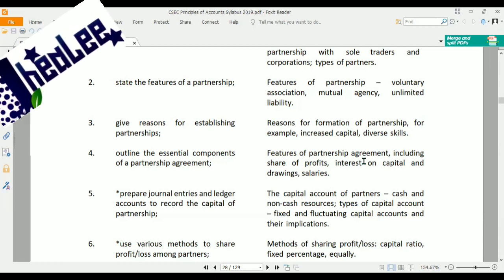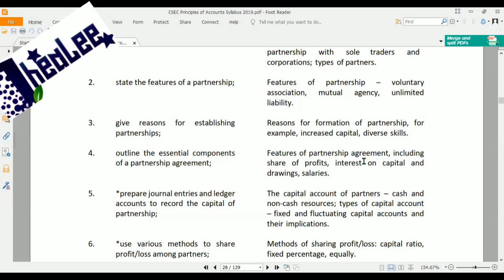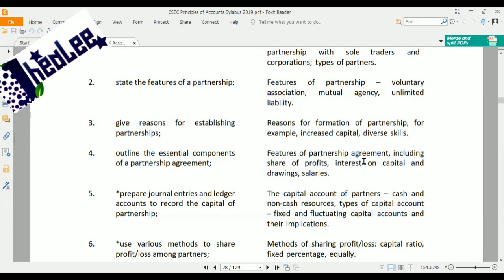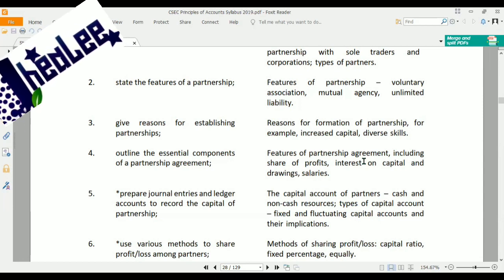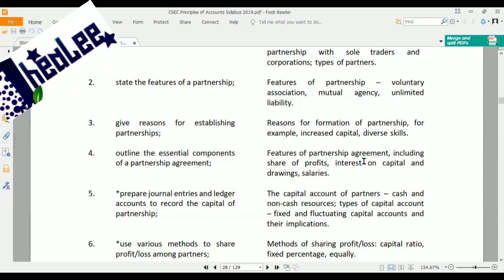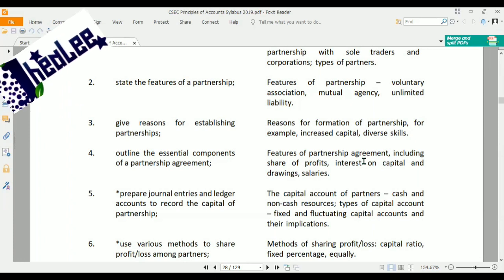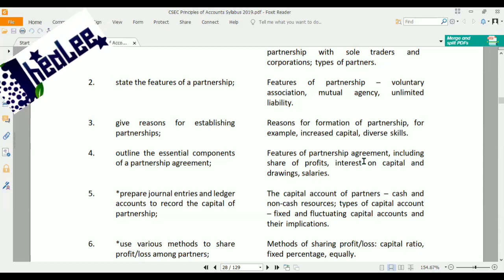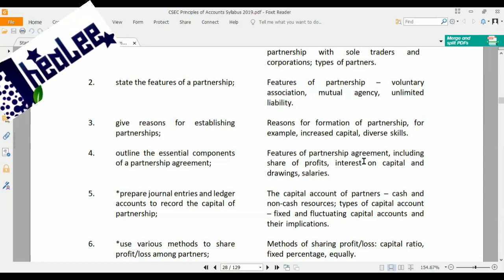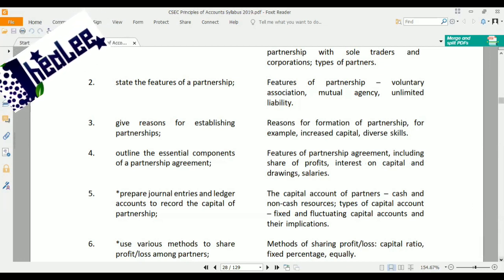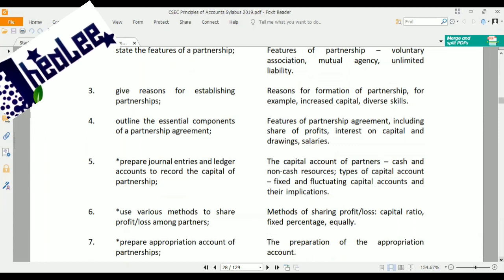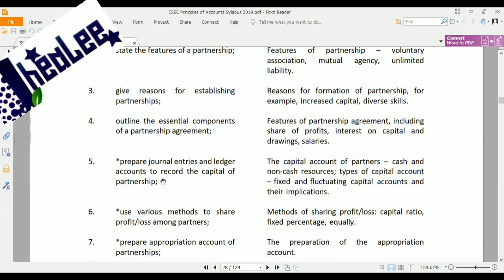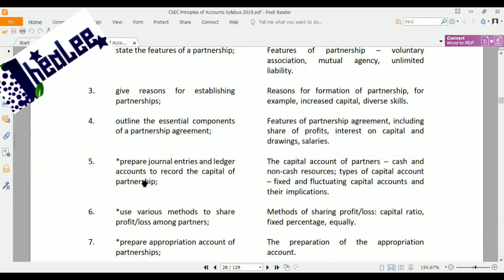If there's a deed but they don't indicate how to share the profits and losses, then of course you share that by way of the capital invested by the partner. If you don't know how to calculate those, there's a lesson on that on the channel. So you can head over to partnership and increase your knowledge on preparing partnership accounts, financial statements, and knowing the features, etc.